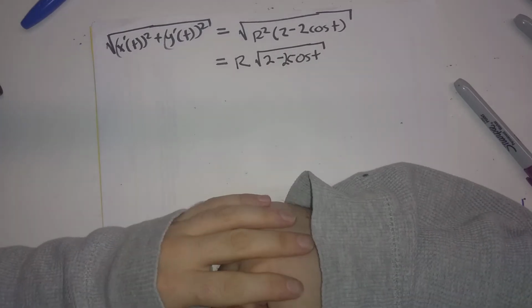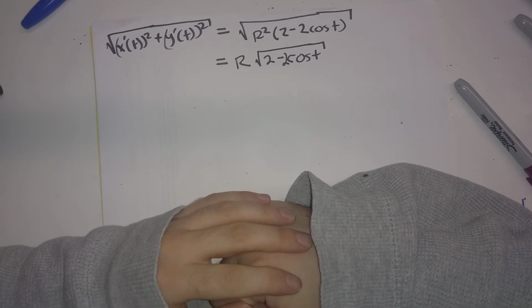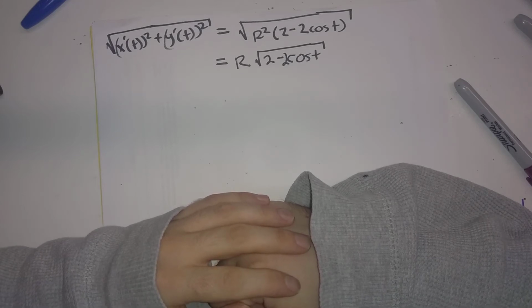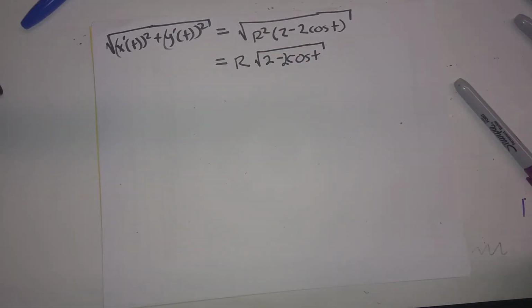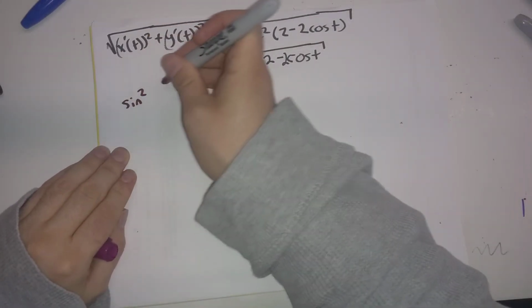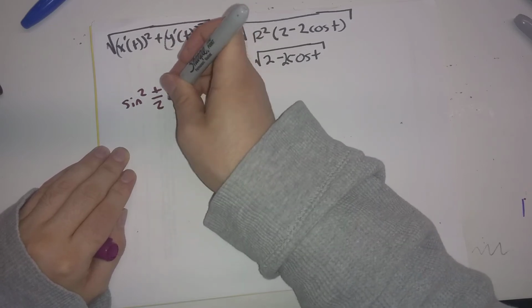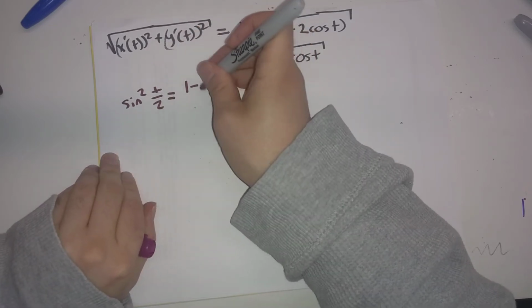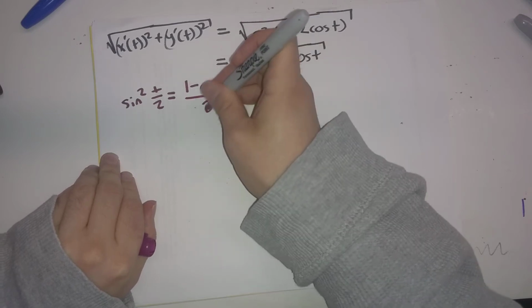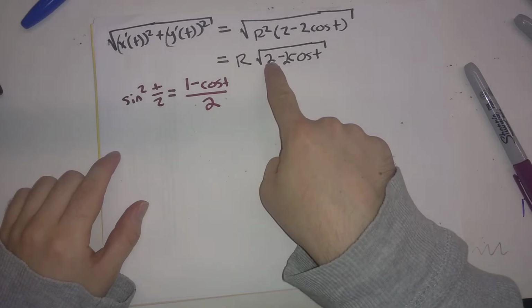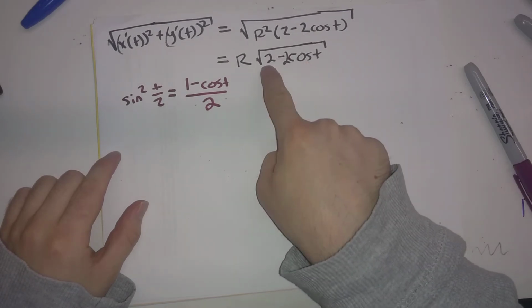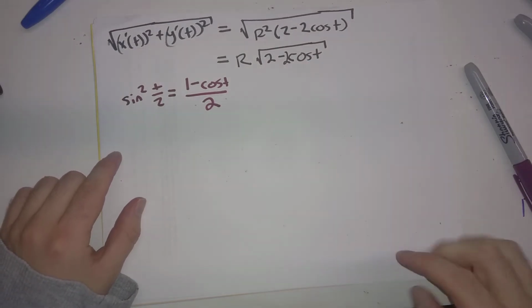It would be nice if we could write this as a perfect square to be able to take the square root. And in fact, there is a way that we can do it by using the following identity, which is that sine squared of t over 2 is equal to 1 minus cosine t, divided by 2. So here we see what's under the square root is 2 times 1 minus cosine t.